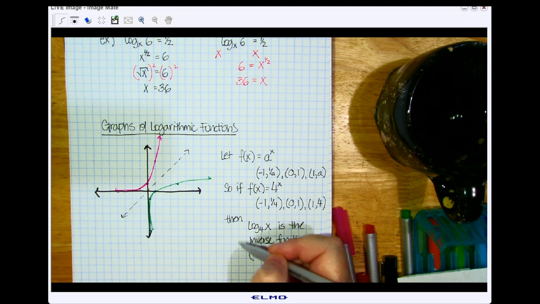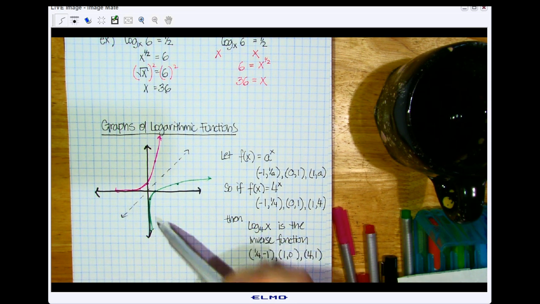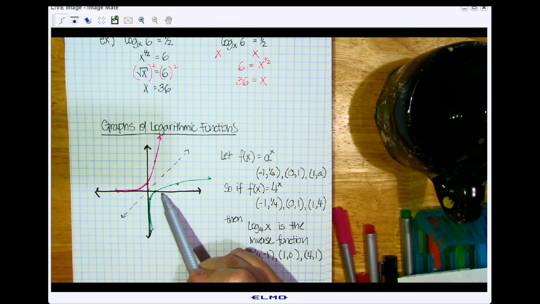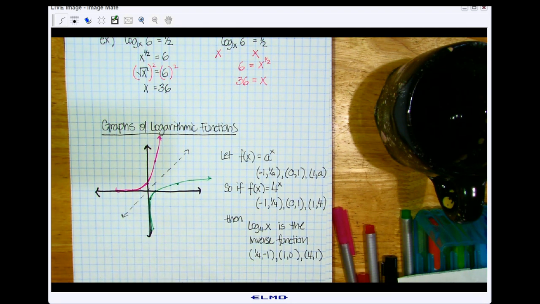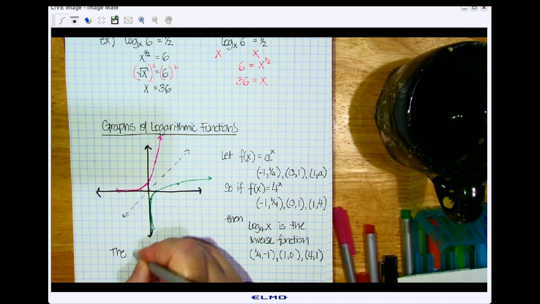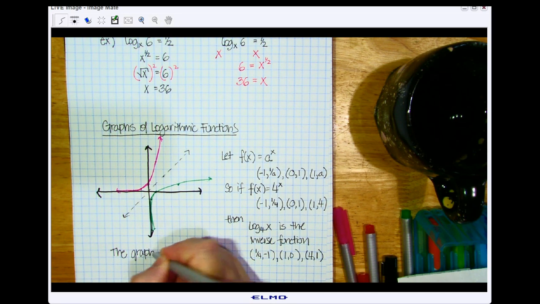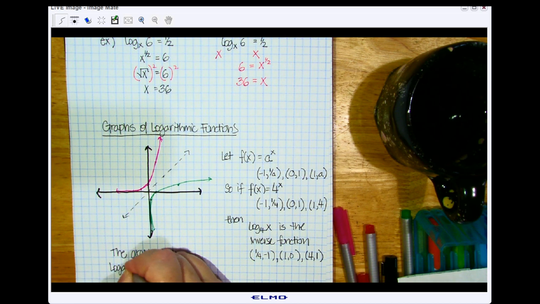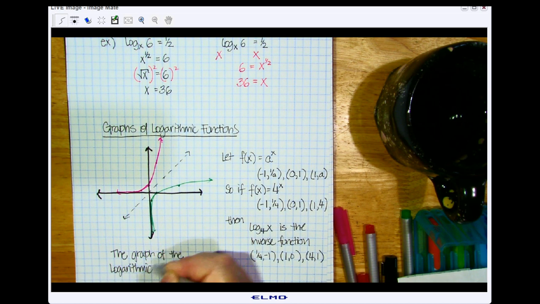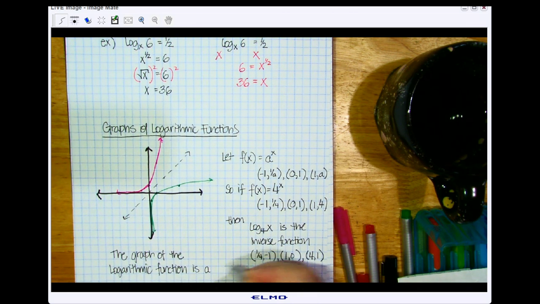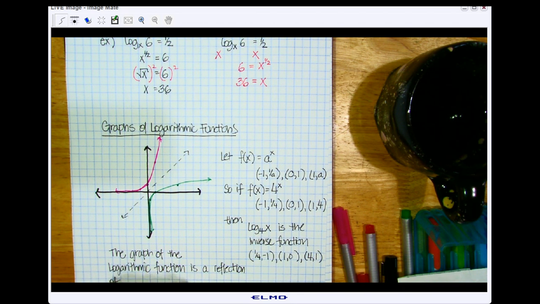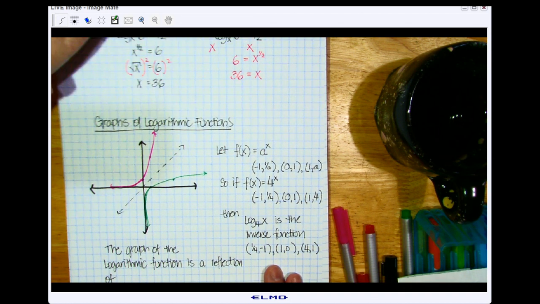In order to get the graph of a logarithmic function, it is a reflection of the exponential function over the line y equals x.